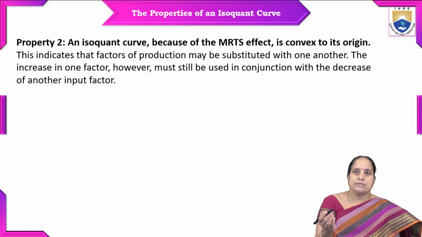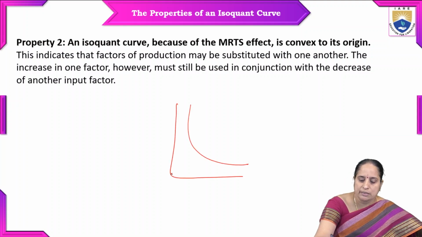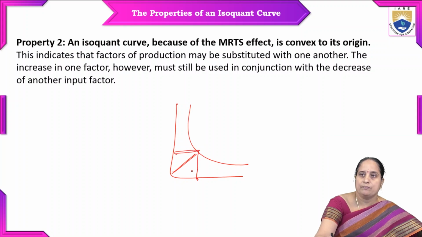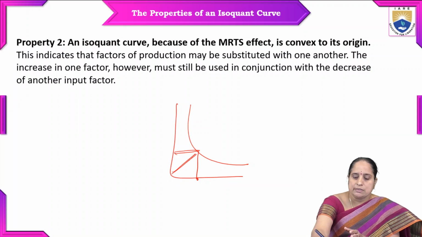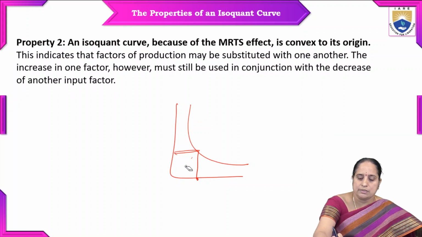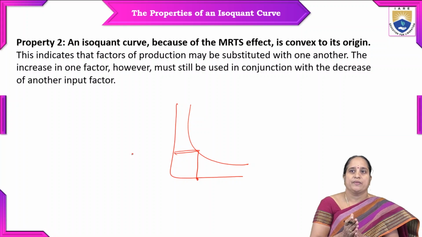The second property: an isoquant curve, because of the MRTS effect, is convex to the origin. So this indicates that factors of production may be substituted with one another. So if you see, it is convex to the origin, right? It happens because of the changes in terms of labor and capital.